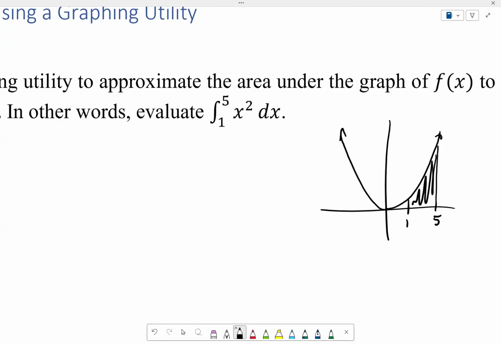Cool. Let's use a calculator to figure that out. So we'll go back to the calculator.